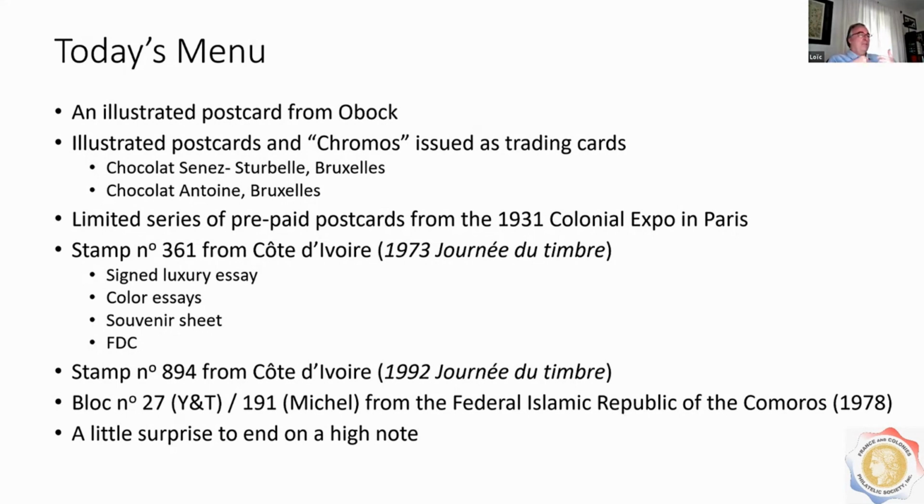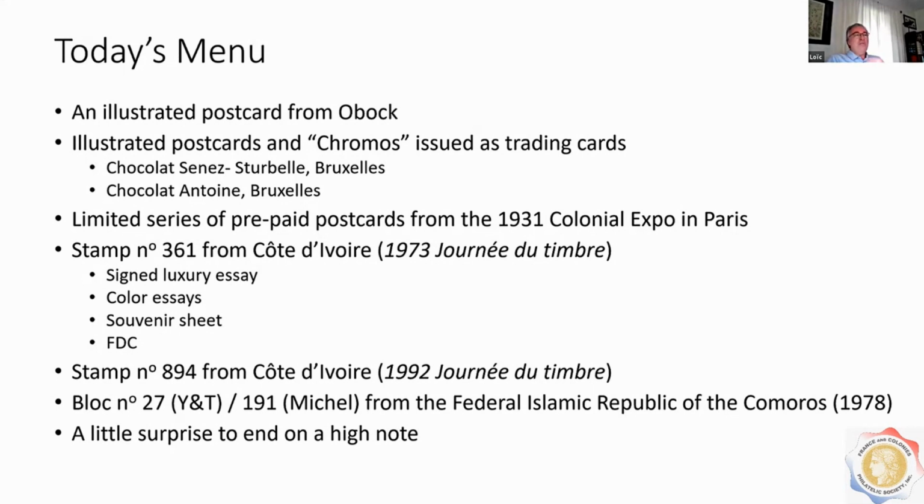We'll look at some prepaid postcards from the 1931 Colonial Expo in Paris. And then we'll look at some stamps from former French colonies that reference the group type stamps when they were issued.